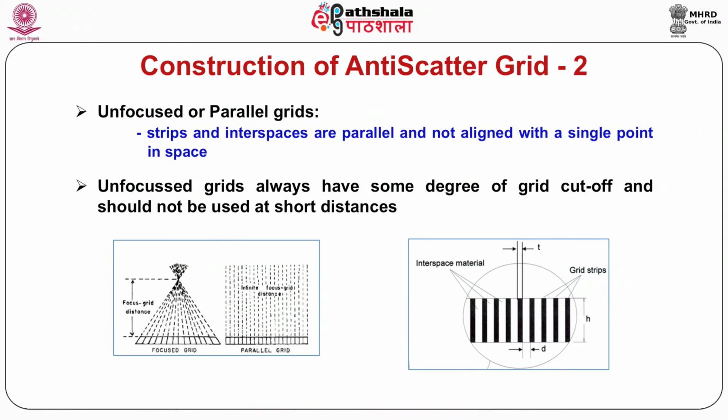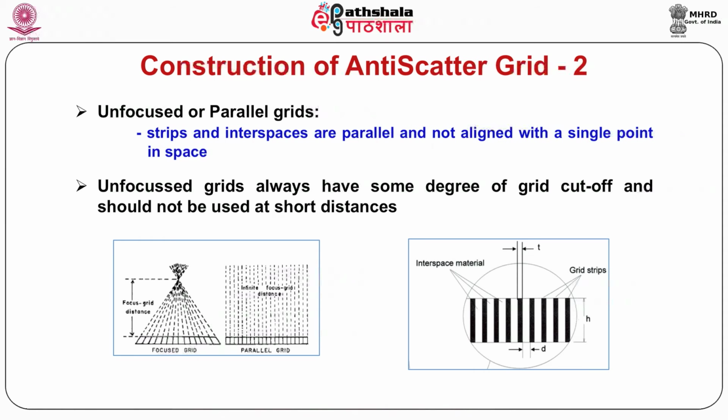In an unfocused or parallel grid, the interspaces and the strips are parallel and are not aligned with a single point in space. Because the X-ray beam direction is aligned with the grid, much of the primary radiation passes through the interspaces without encountering the lead strips.